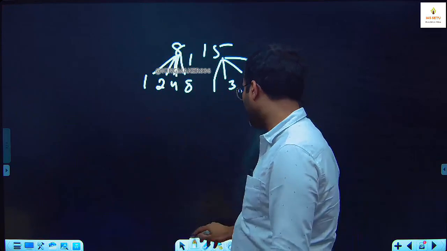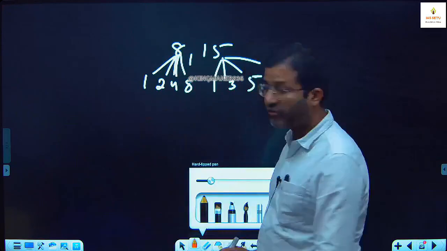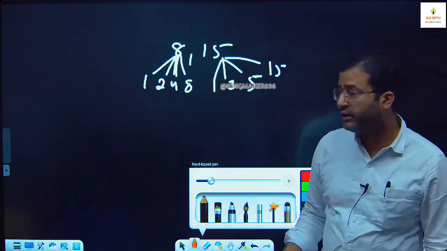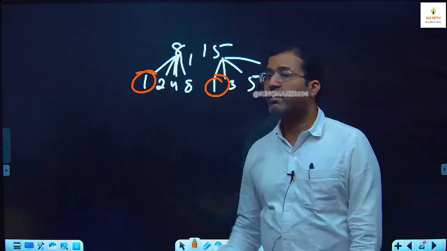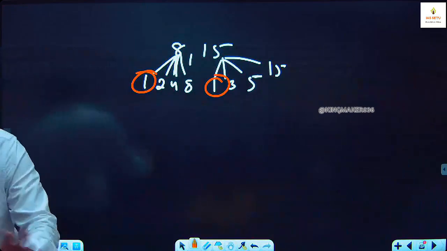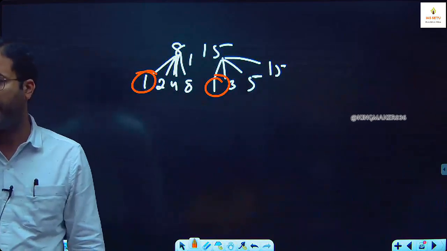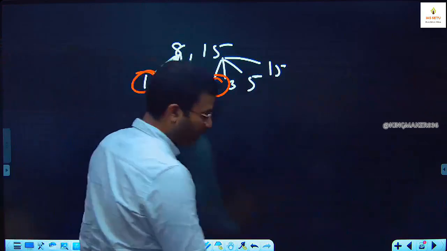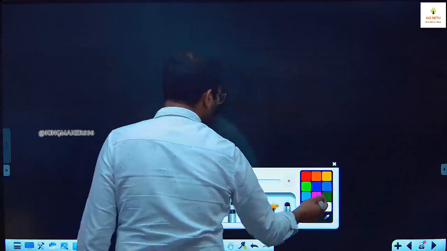Tell me the common factors. How many common factors are there? Only one. Since they have only one common factor, can I say 8 and 15 are co-prime to each other?